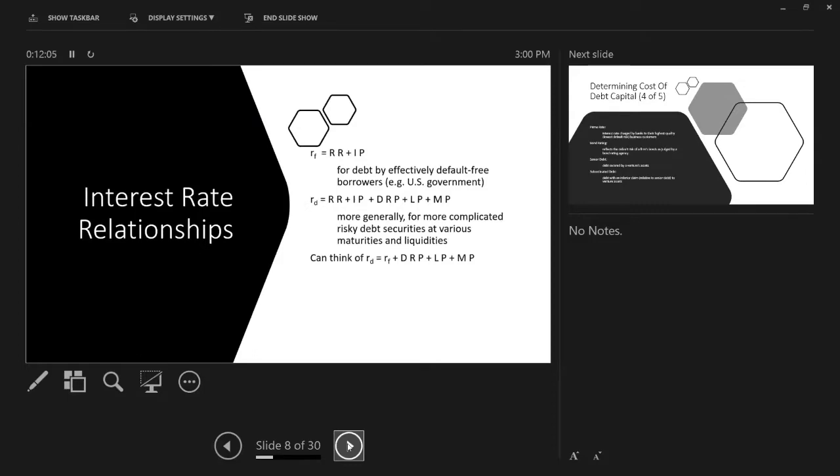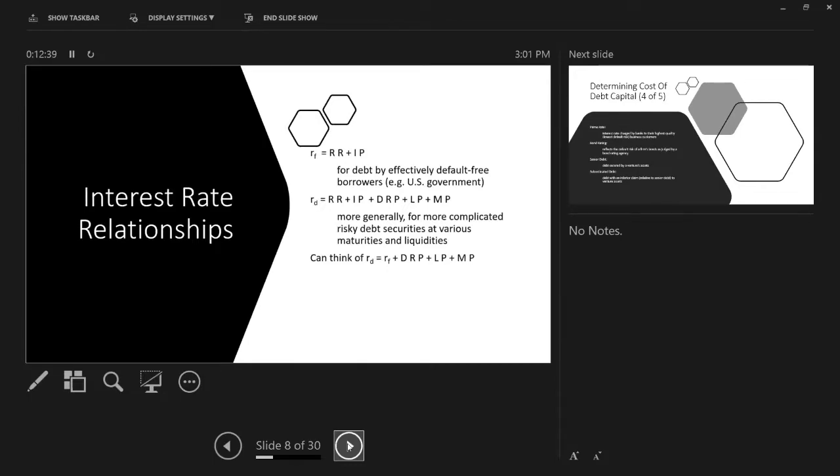So the formula would be the real rate of return, then the inflation premium, then the default risk premium, then the liquidity premium, and the maturity premium. We add all of these together, and it becomes the expected cost of capital for debt, RD.